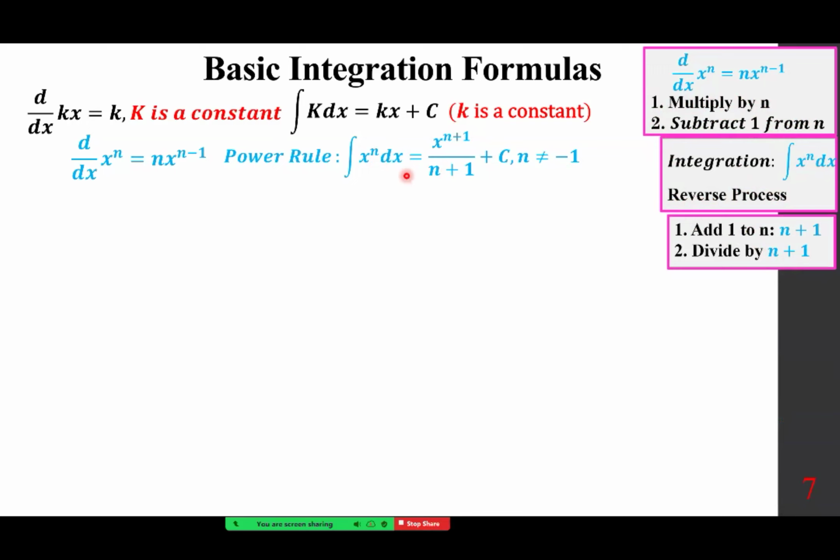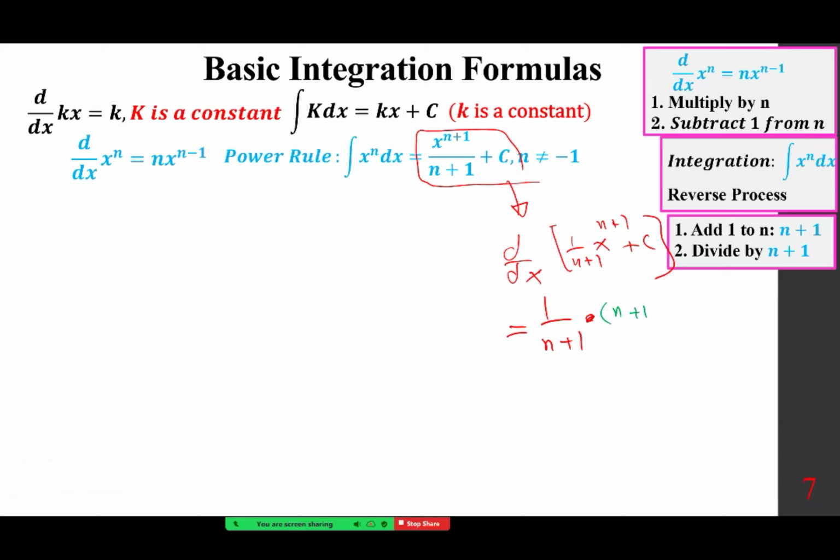Besides, just quickly, if I wanted to show this is true, if I differentiate the right side, 1 over n plus 1, x to the power of n plus 1, and a constant, I get 1 over n plus 1 times n plus 1, then x to the power of n plus 1 minus 1, and the constant gives me 0.